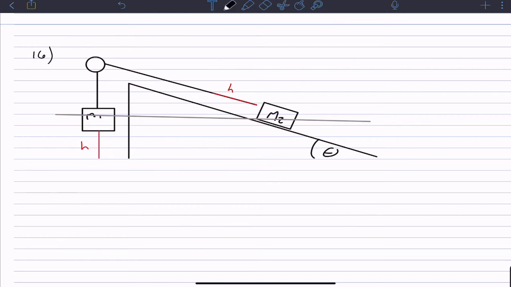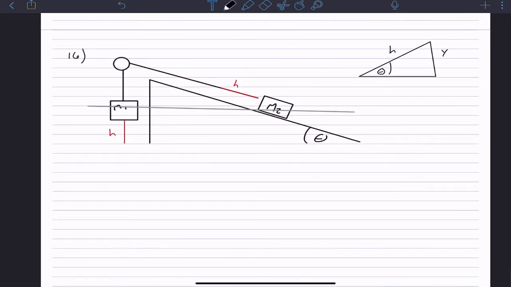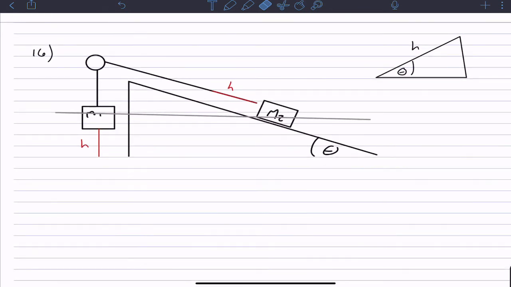So from trig, we can consider what h is going to be in terms of the angle. I just drew it facing the other way, but this is some height. So this thing is being pulled up a distance of h along the ramp. Now y is going to be equal to, I can draw this if I don't have enough room.